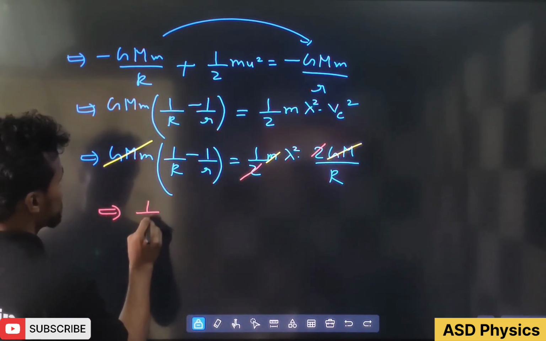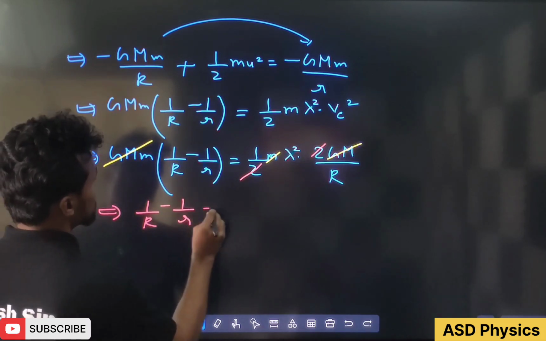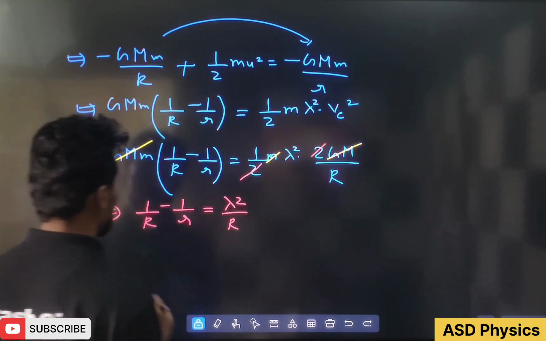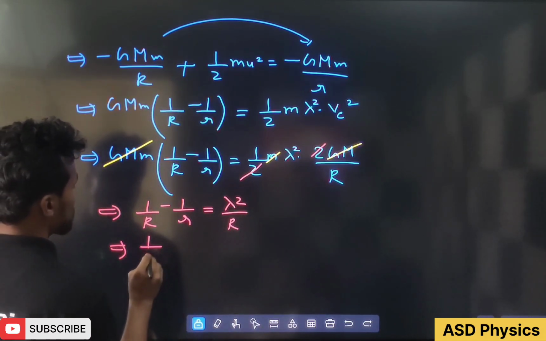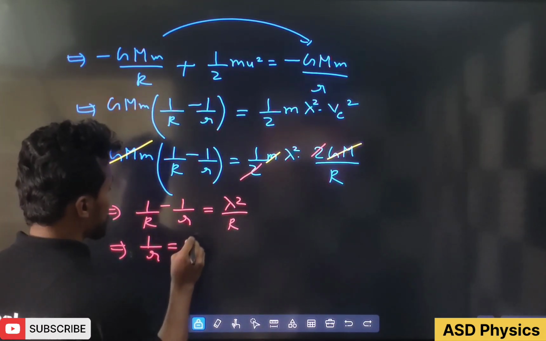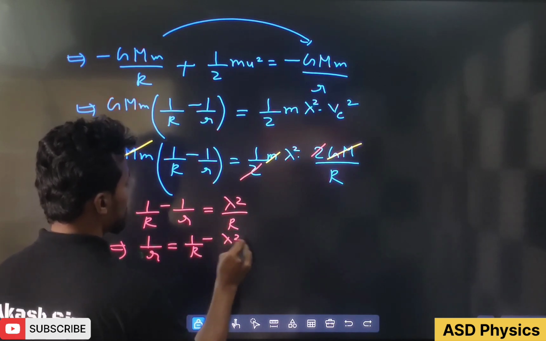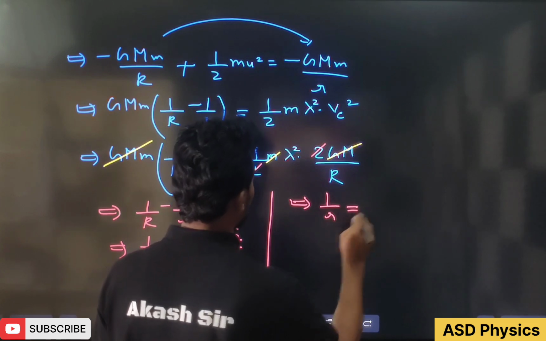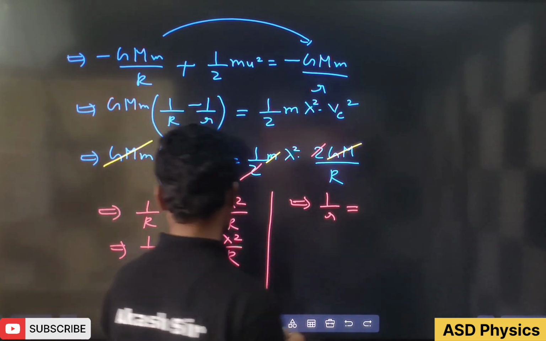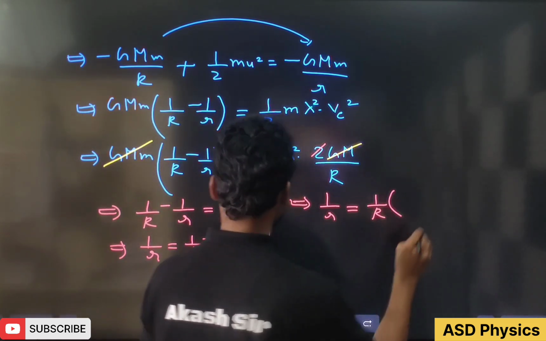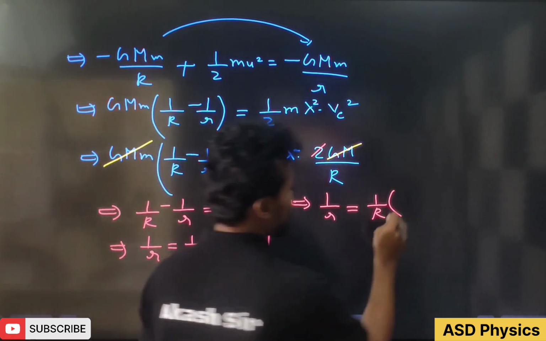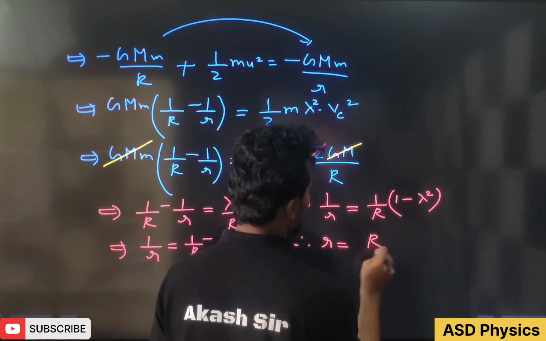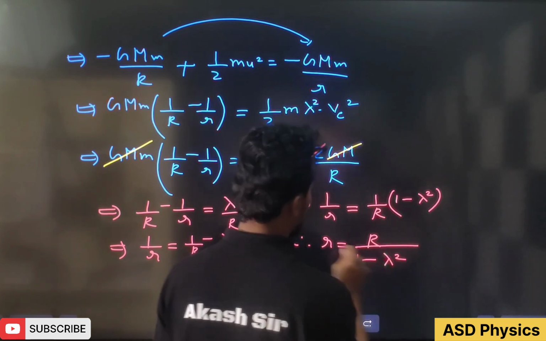Now 1 by capital R minus 1 by small r is equal to lambda square by capital R. So 1 by r will be 1 by R minus lambda square by R. We can write 1 by r is equal to 1 by R common, and what is left is 1 minus lambda square. Hence the value of small r will be capital R by 1 minus lambda square.